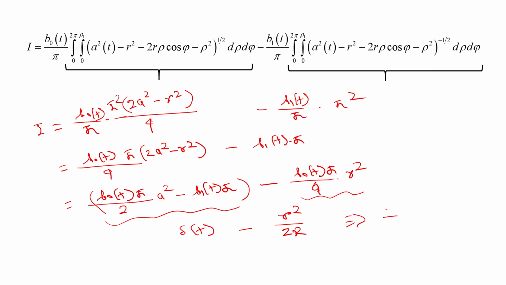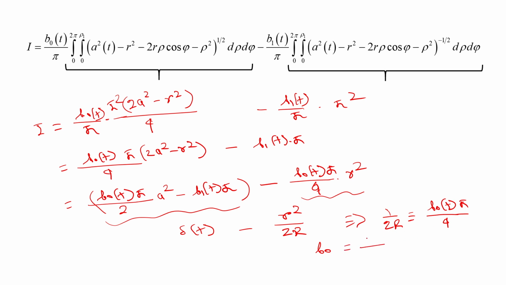Therefore, from here I can say that 1 by 2r is equal to b0 of t π by 4. Now, this is independent of time, so b0 remains constant with respect to time, and I can get rid of the time here.